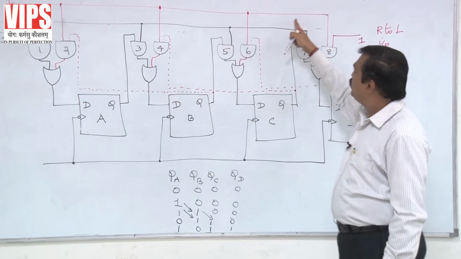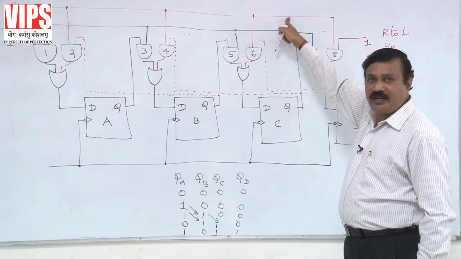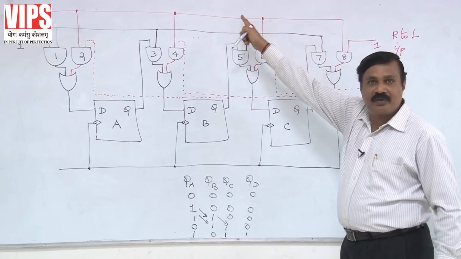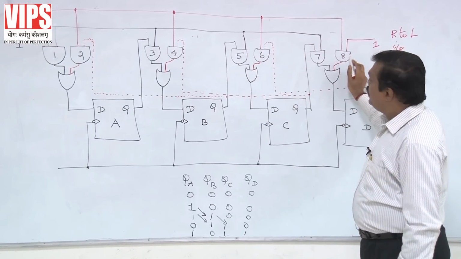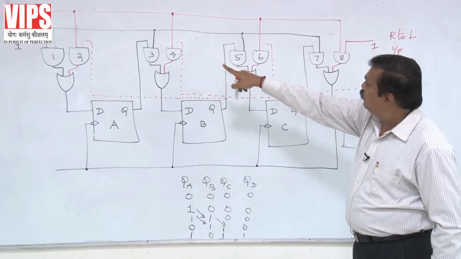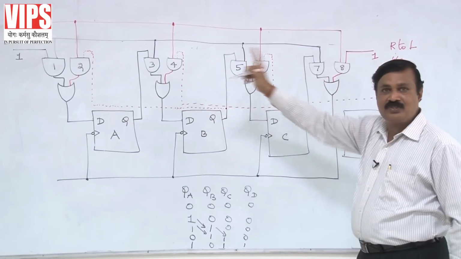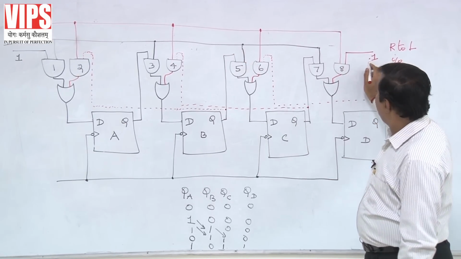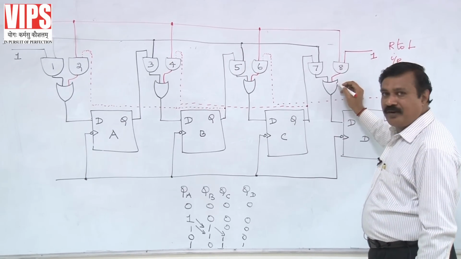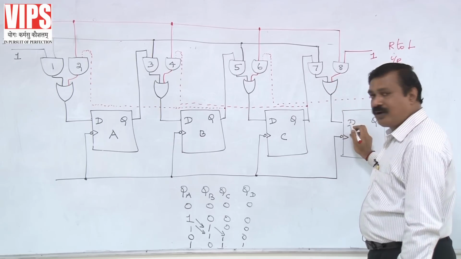If you give 1 to the second control line, that is marked in red ink, the AND gates, that means second, 4, 6, 8 AND gates will function. If you give 1 here, this one will appear here and this one will appear at the D.